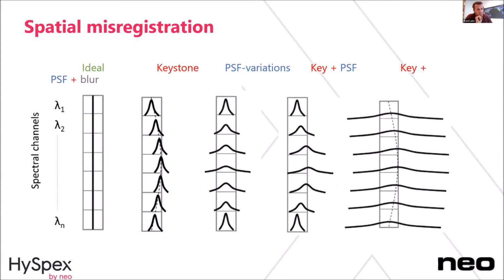So if you have PSF variation, you're also going to get large errors in your data. I'll show that in the next slide. Of course, you have keystone plus PSF like you have here. You also have blur, so the cameras can be very blurred relative to a pixel element. And the ideal case here is that all the energy hits within one column.